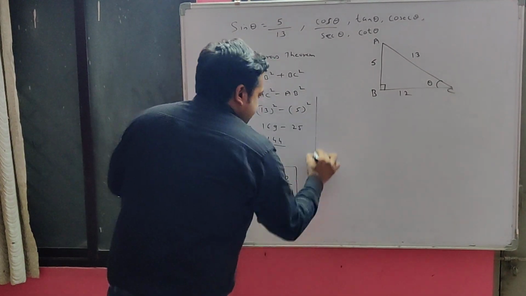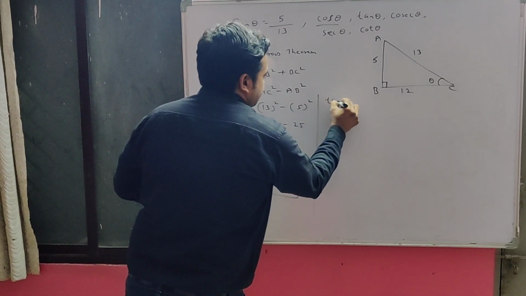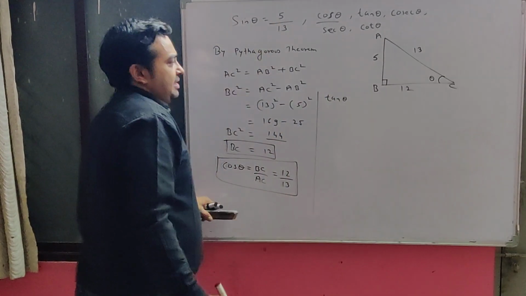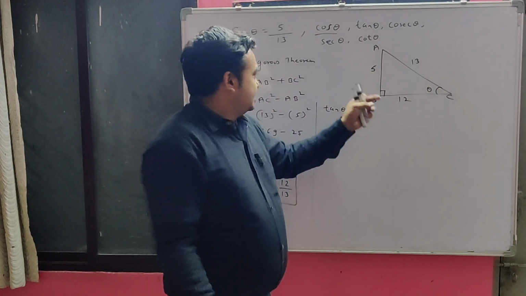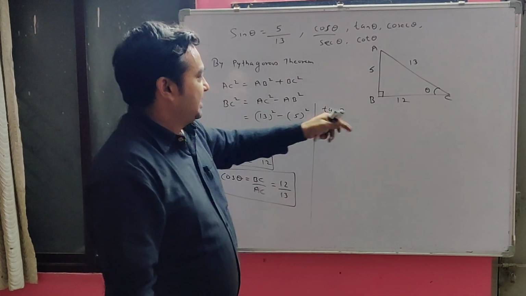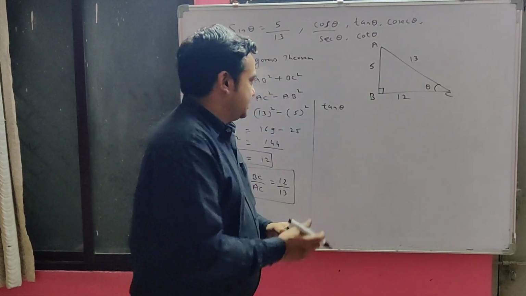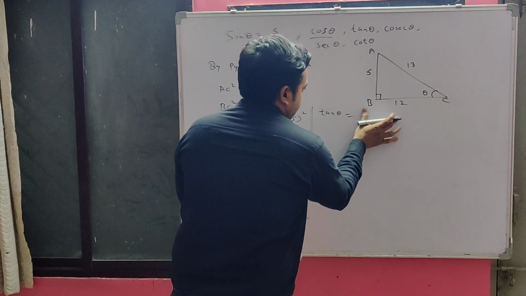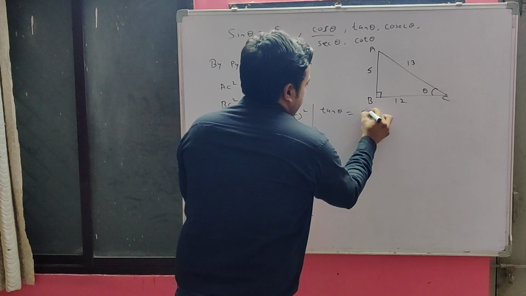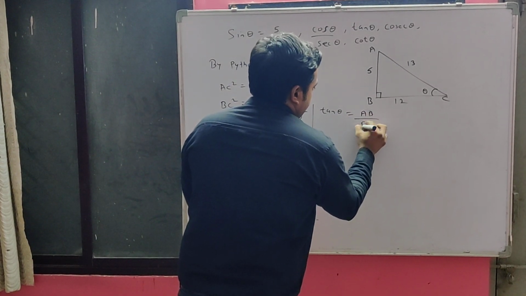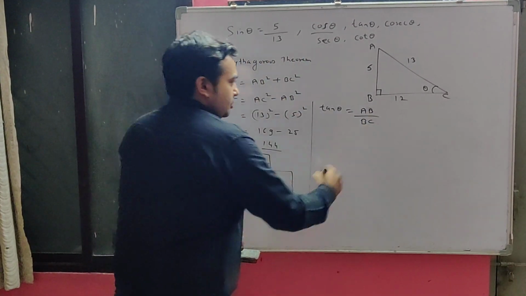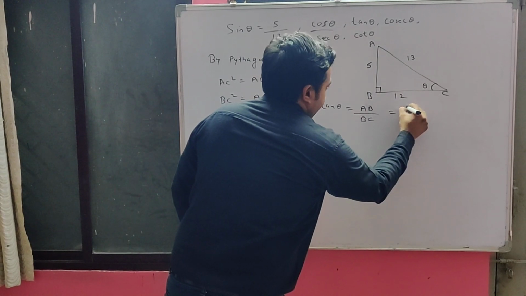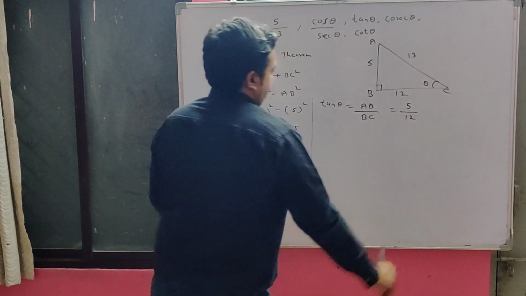The next one is tan theta. We've already said we have two formulas for tan theta: the ratio of sine upon cos, or opposite side by adjacent side. So tan theta will be AB upon BC, that is 5 upon 12.